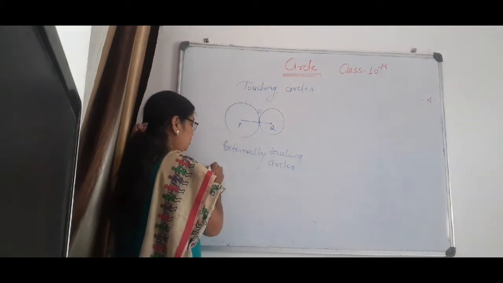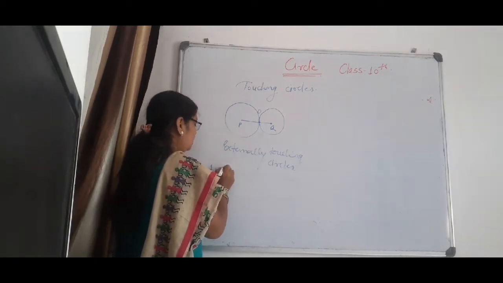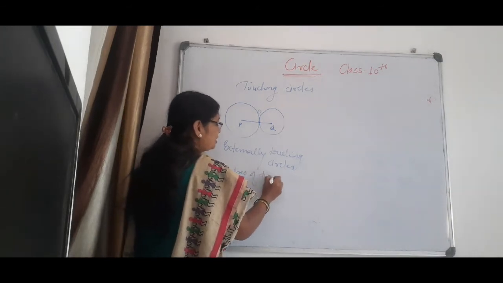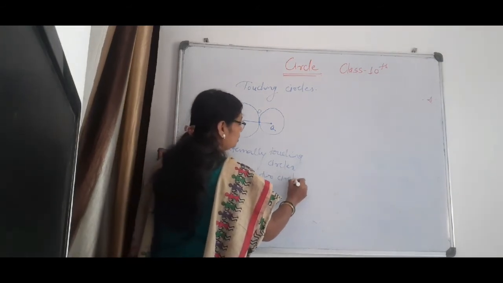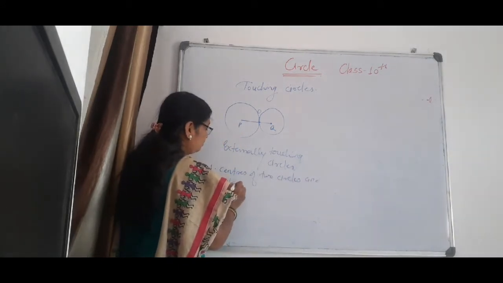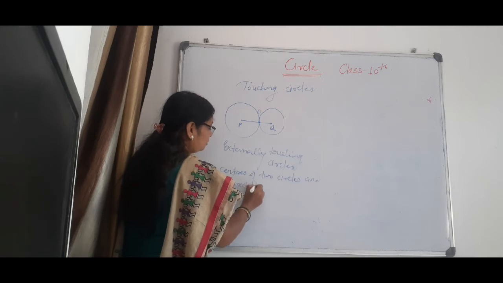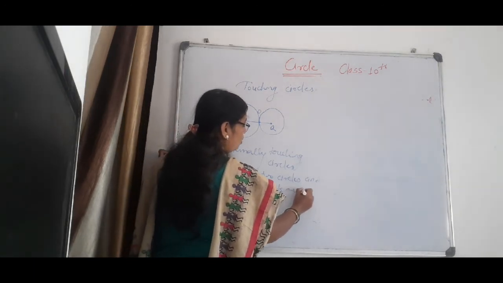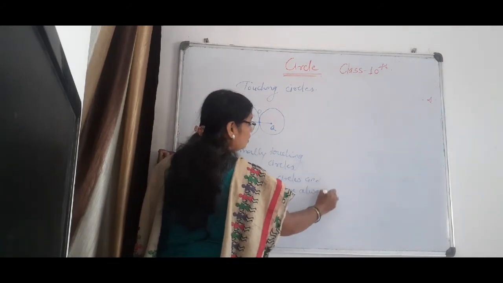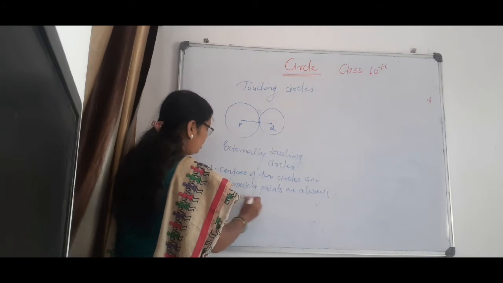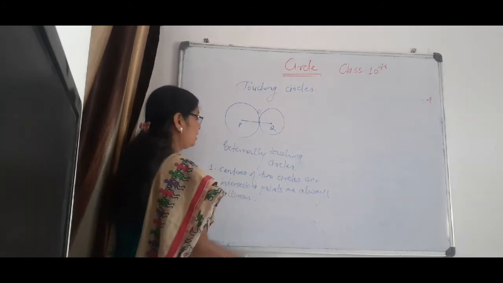What is the first property? Centers of 2 circles and intersecting points are always collinear. And what is the second property?